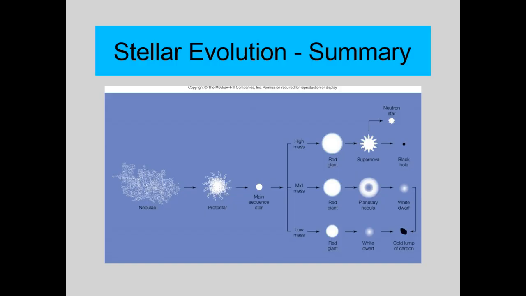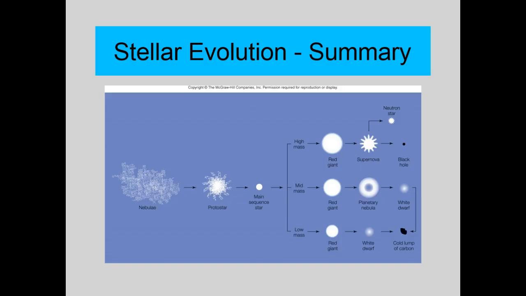At that point, it's going to become a star. A mass of gas doesn't necessarily guarantee you're going to get a star at any time. But when it gets that far, you have a protostar, which is going to become a star now. Okay? Once it becomes a protostar, then it starts this process of collapsing, exploding.